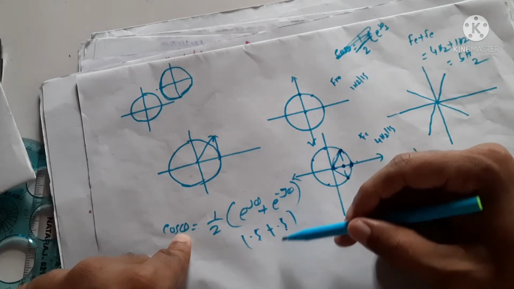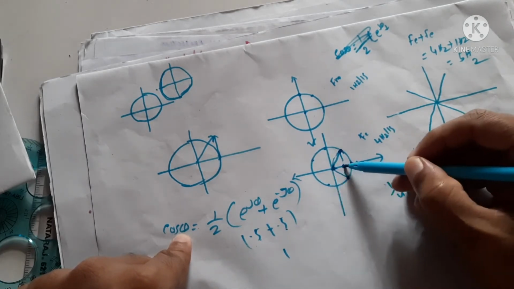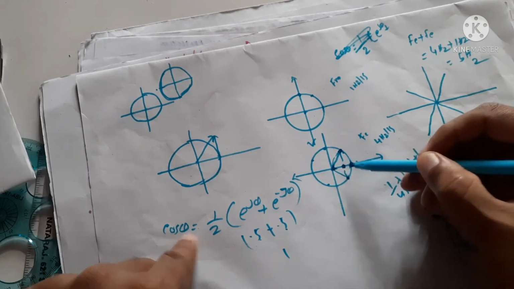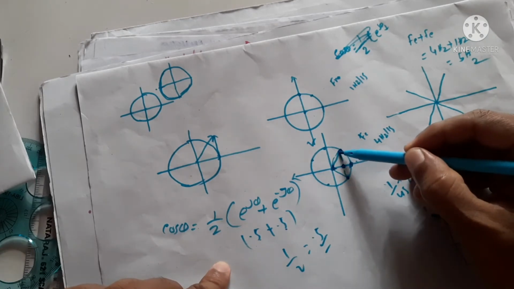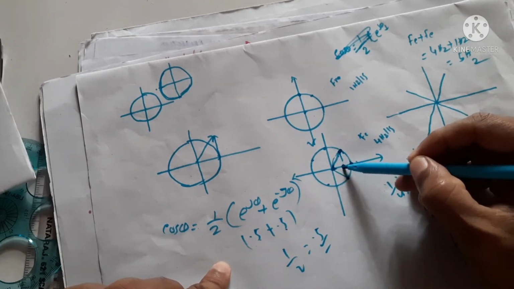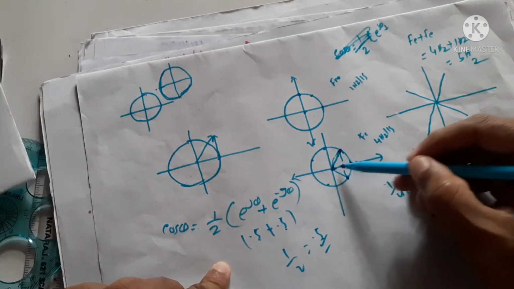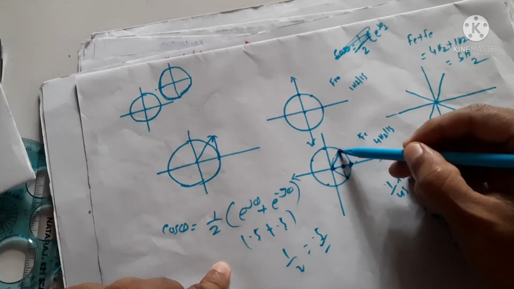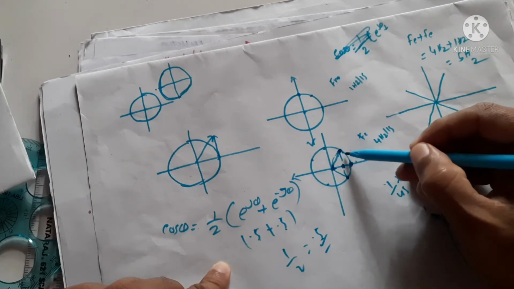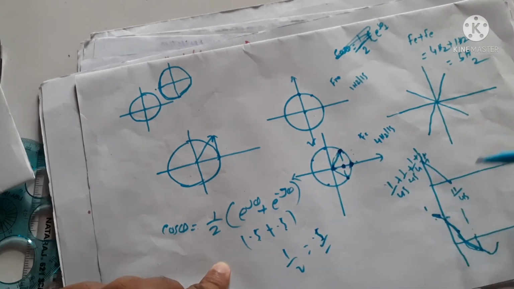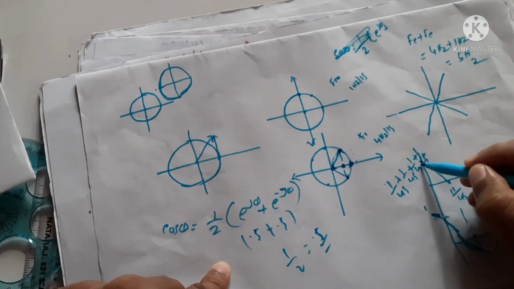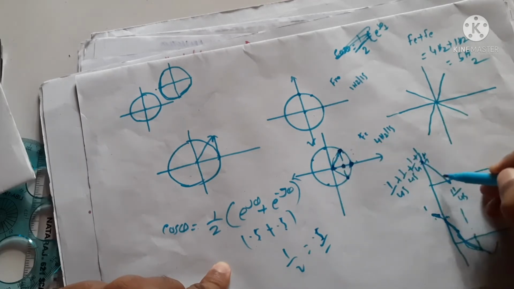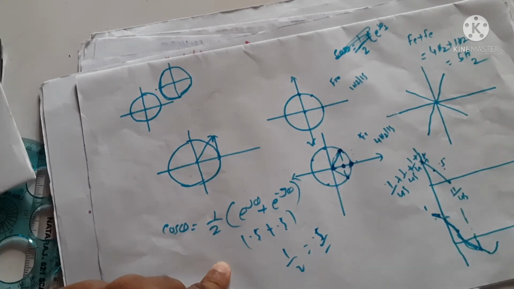That is half plus half is 1. Two halves are added, the value is 1. 1 divided by 2 is again half. That means after rotating this vector by this point, the real value becomes half. When starting the value is 1, after rotating a certain period of time, the value becomes 0.5. This is what is explained here.